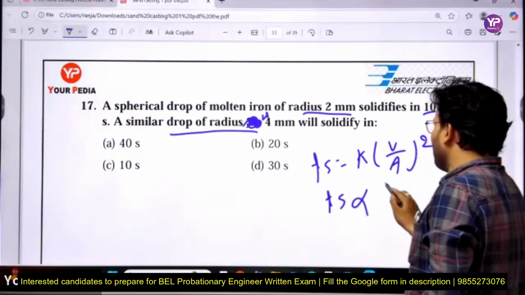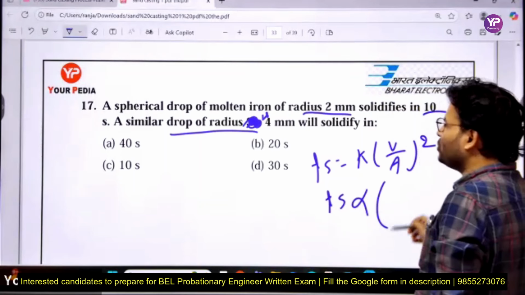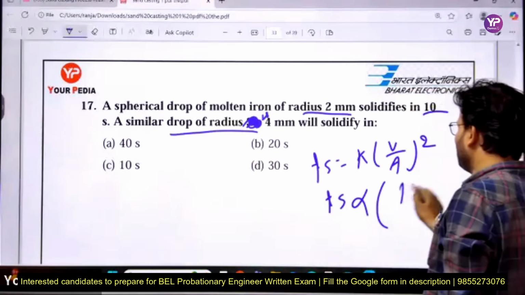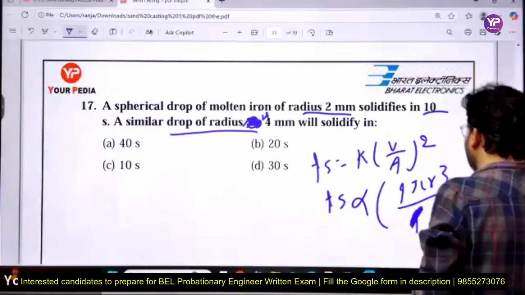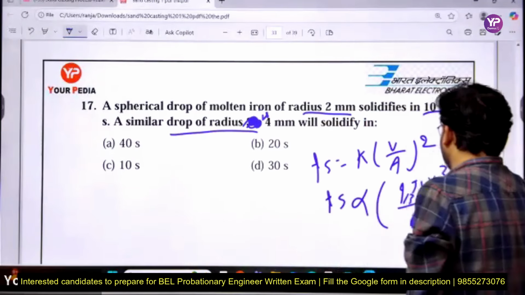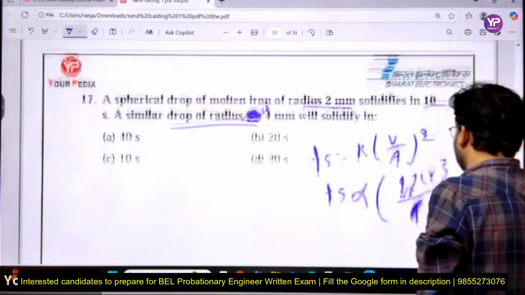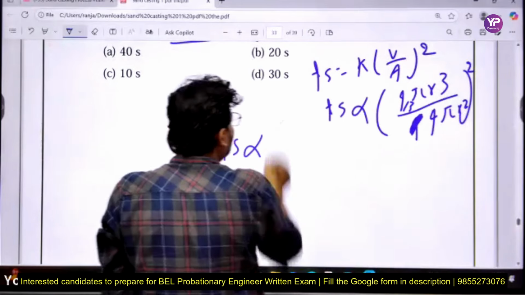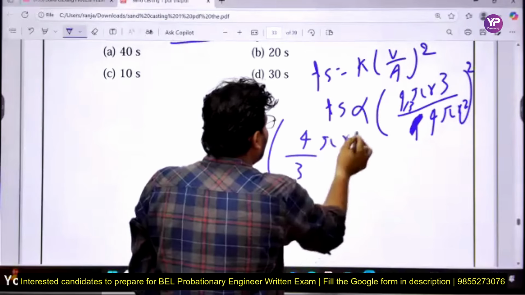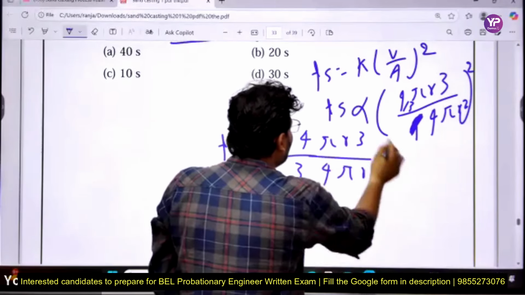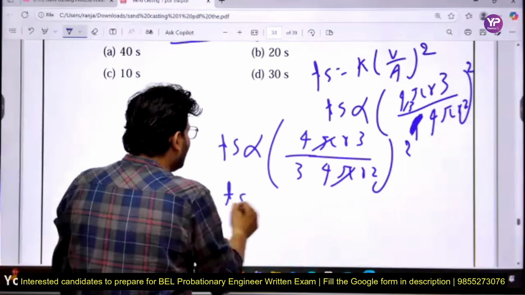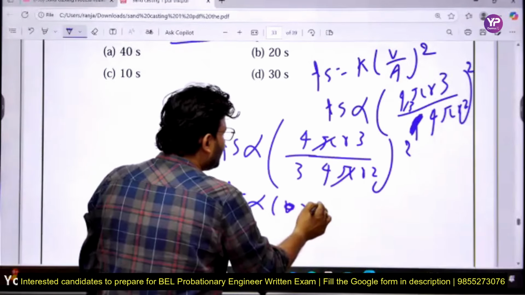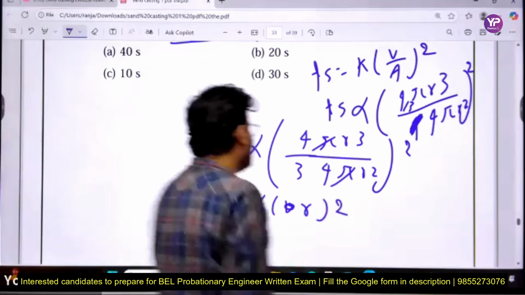So Ts is proportional to (V upon A) squared. Volume is 4 by 3 pi r cube, and area is 4 pi r square. So Ts is proportional to (4 by 3 pi r cube upon 4 pi r square) whole squared. The 4 pi cancels out, and the 3 becomes a constant, so Ts is proportional to r square.